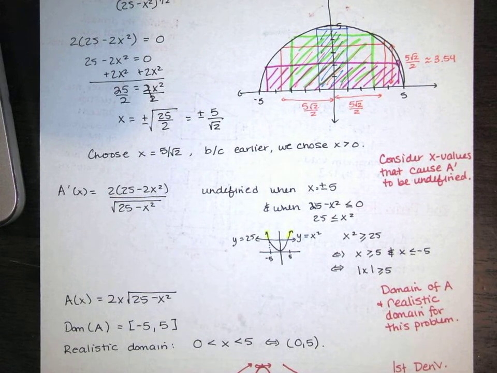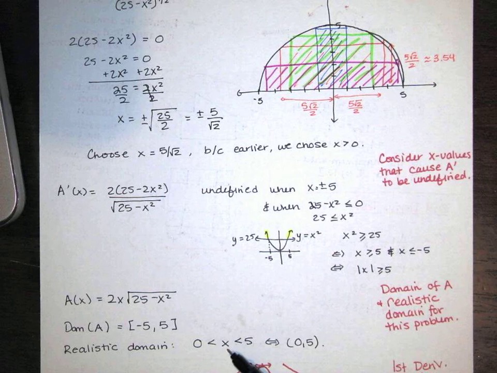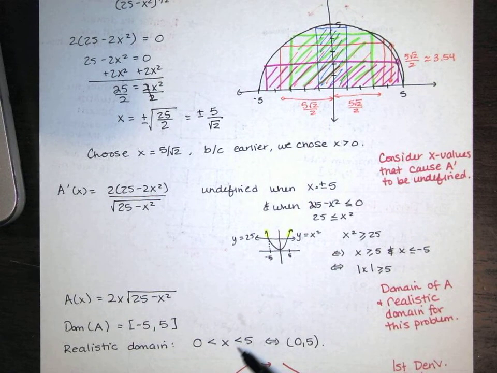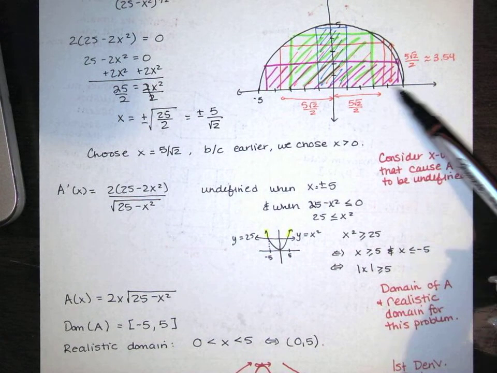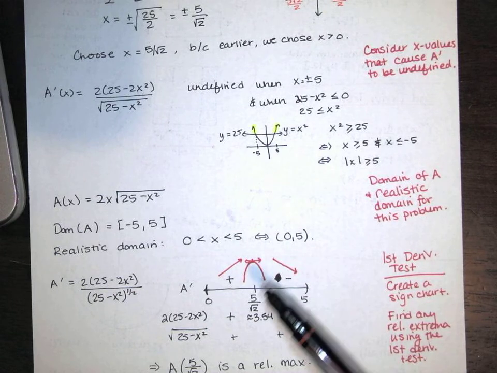A prime is undefined outside of this interval and at -5 and 5. So then we said, okay, this is my domain, and now we need a realistic domain. We said x had to be positive because it's a length, and x has to be less than 5 because it's a distance inscribed in the semicircle. So that's our realistic domain.